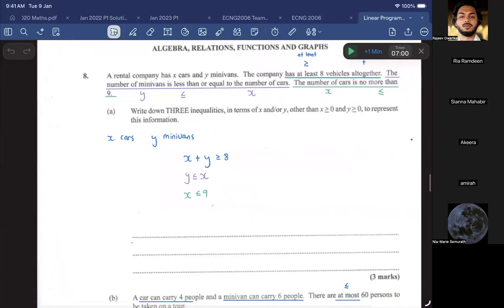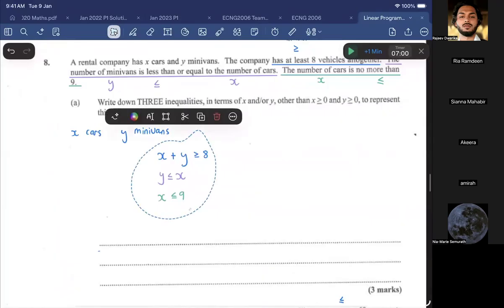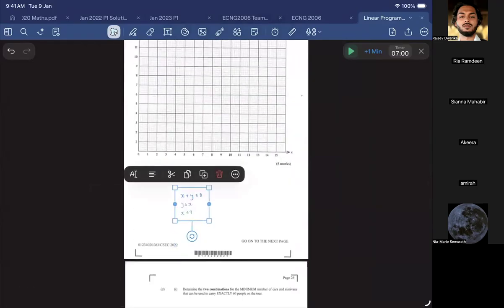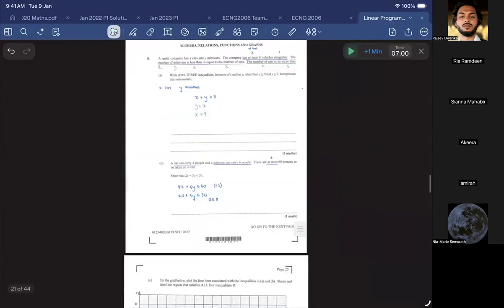All right. Well, let me jump straight into it, right? So we have these three inequalities here. I'm gonna copy them and put them on this page. And I also have this one.